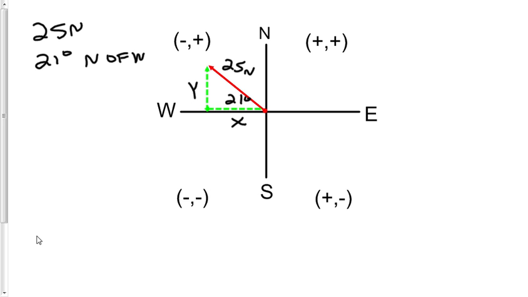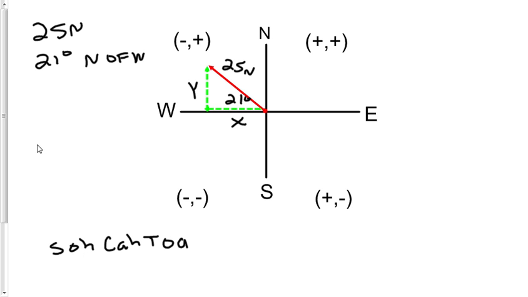To do this, we remember SOHCAHTOA: sine is opposite over hypotenuse, cosine is adjacent over hypotenuse, and tangent is opposite over adjacent. To get our y coordinate, we will use sine equals opposite over hypotenuse.